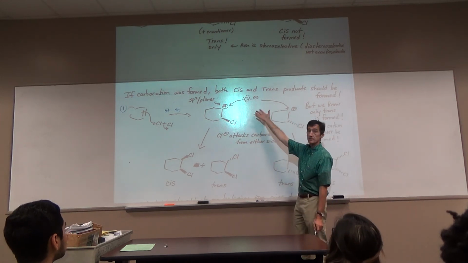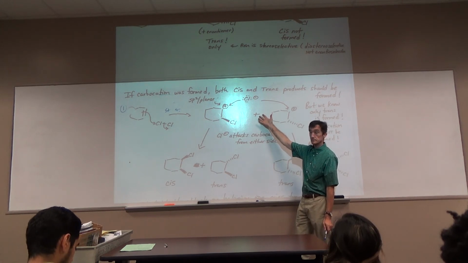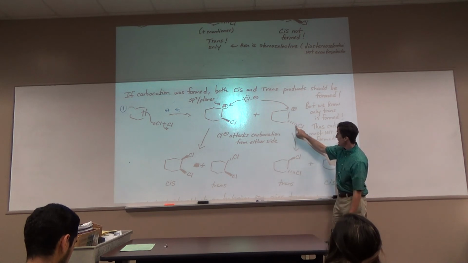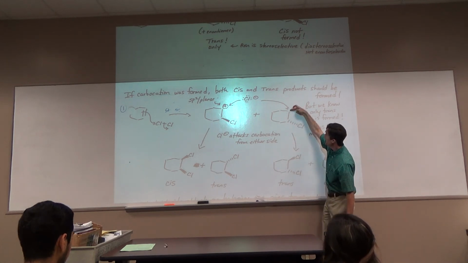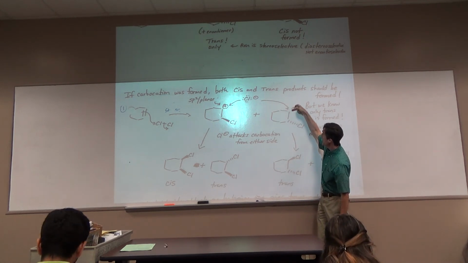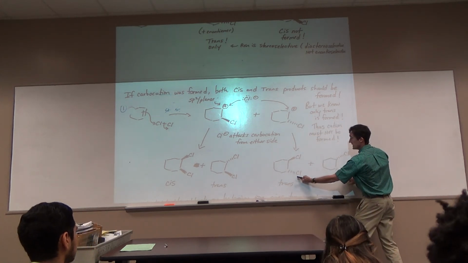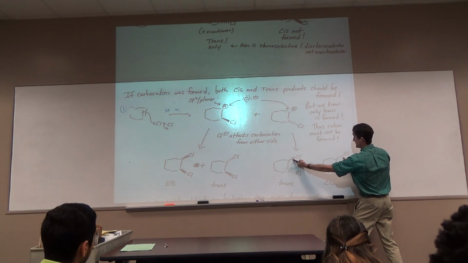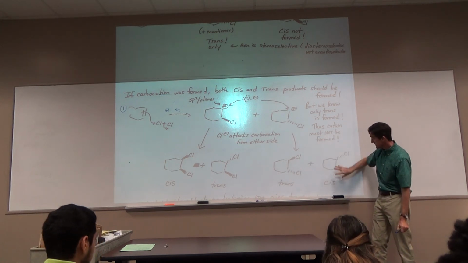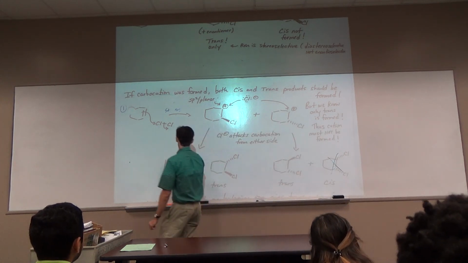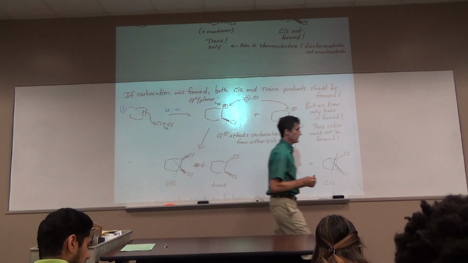So then this can't be the mechanism. By the way, if this bond had been dashed, and then this came in attacking the cation front or back, because that's how you attack cations, you would have gotten dashed, but then you would have gotten front or back up here. And again, you would have gotten some cis. So this can't be the mechanism.